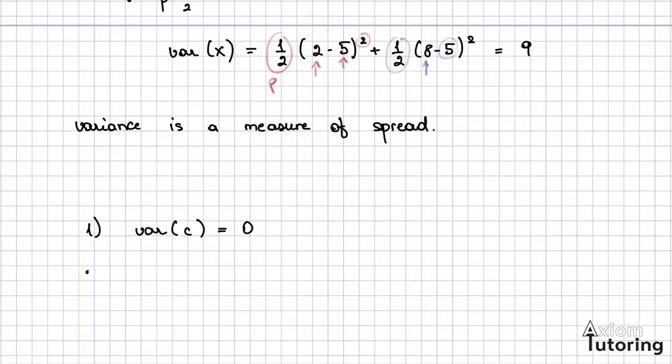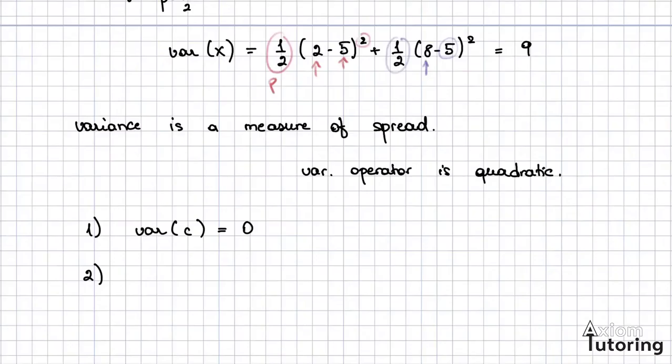The second property relates to something that is very particular about the variance operator. The variance operator is quadratic. So for the expectation operator, we said that it is linear, and we used that linear property when we saw the properties of the expectation operator.